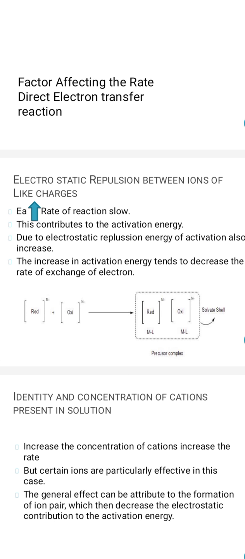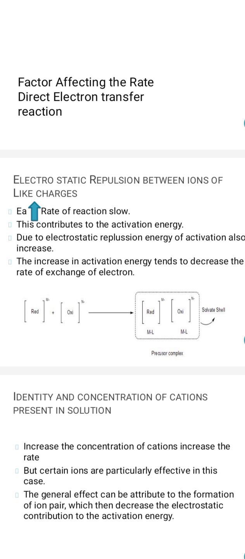As an example, the structure is drawn there, and this structure I also discussed above. One species is reductant and the second one is oxidant, and when combined together, the precursor complex is formed, which is also known as solvent shell.